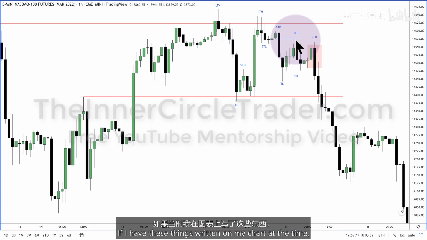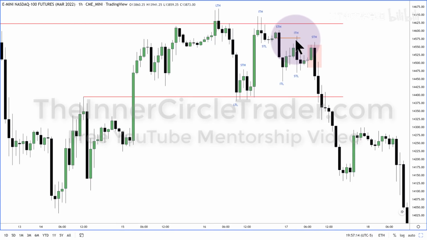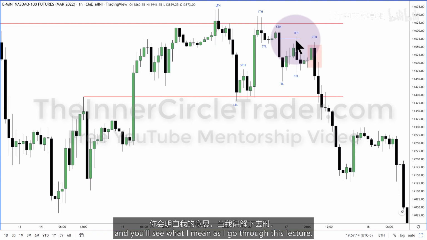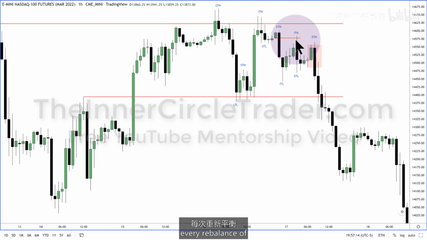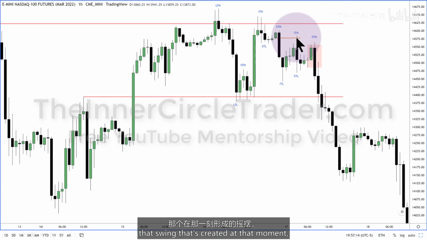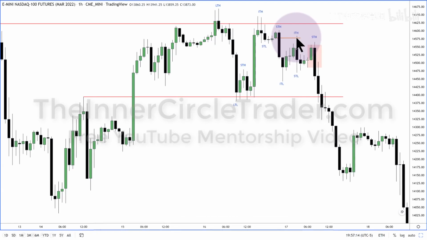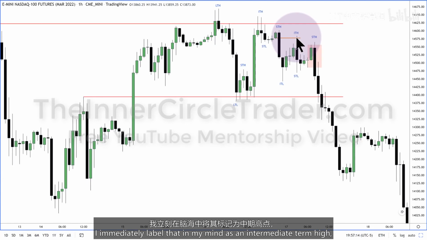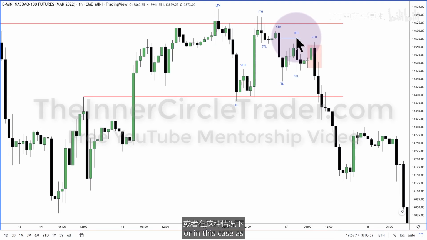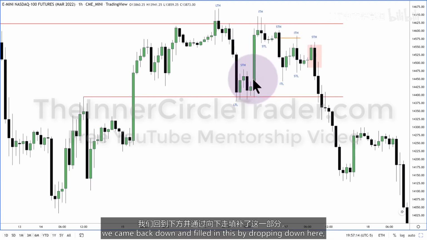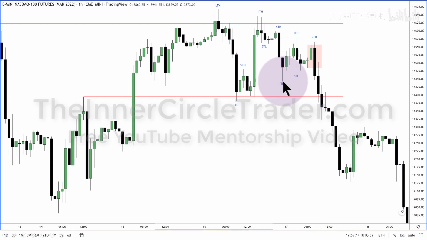If I have these things written on my chart at the time, it's going to be a distraction to me. But the way I'm internalizing it, and you'll see what I mean as I go through this lecture, every rebalance of an old imbalance, that swing that's created at that moment, I immediately label that in my mind as an intermediate term high, or in this case, as we came back down and filled in this by dropping down here, that's an intermediate term low.